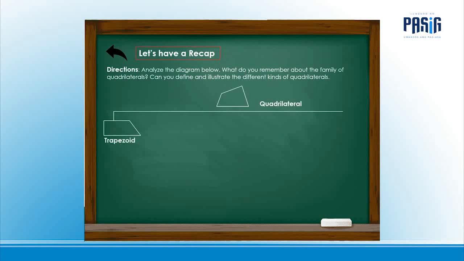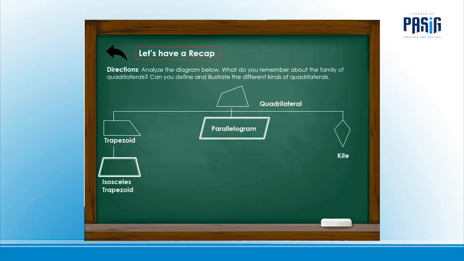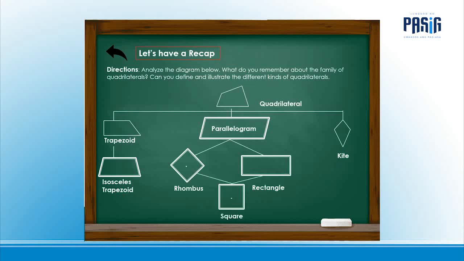We have the trapezoid, parallelogram, kite, isosceles trapezoid, rhombus, rectangle, and square. So this is the family of quadrilateral.